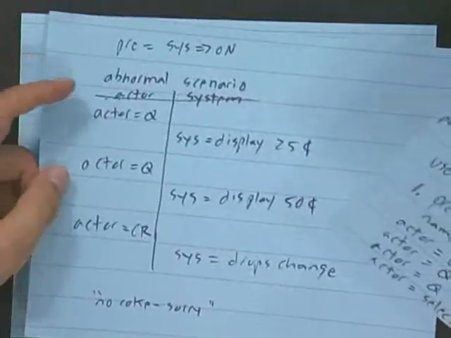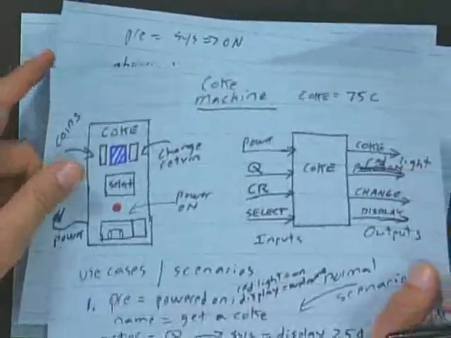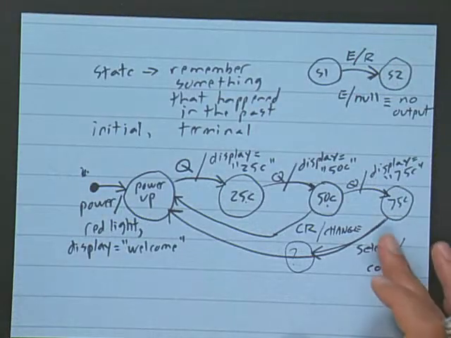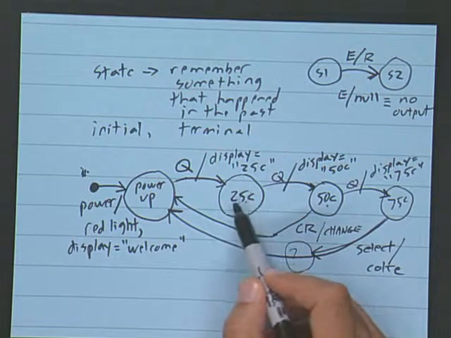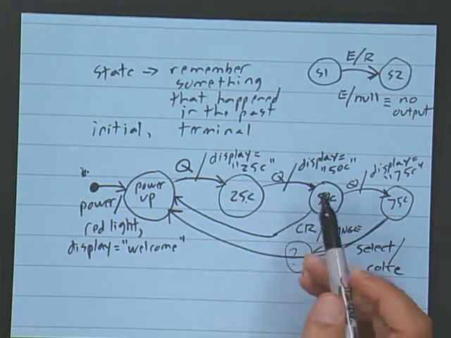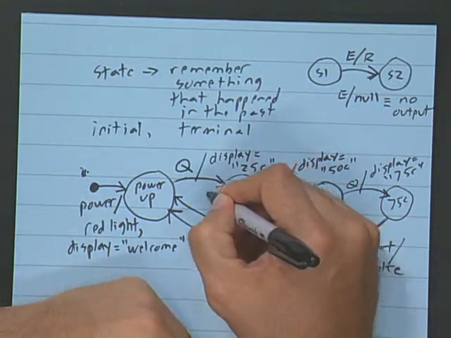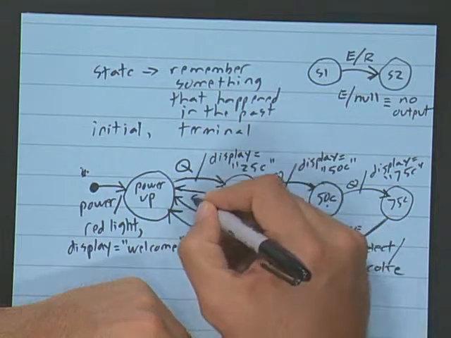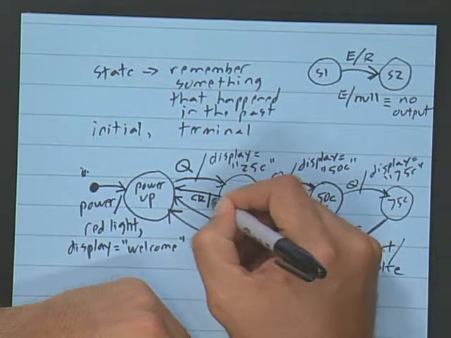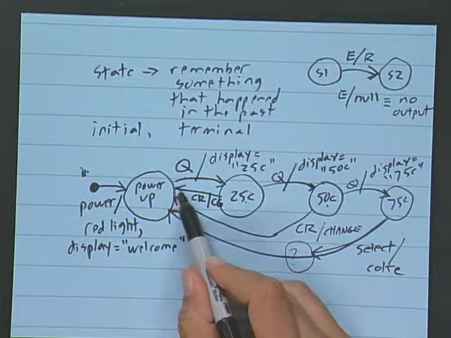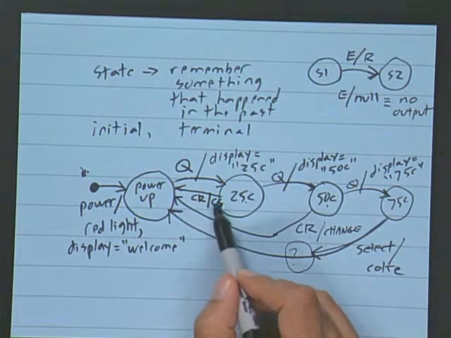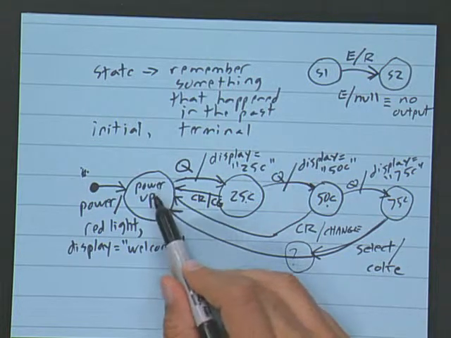Well, as you can certainly surmise by now, there are some other scenarios we can consider in this. For example, what happens if I hit change return after 25 cents? Well, you'd expect similar behavior. I hit change return, send the user their change and go back to the initial state.